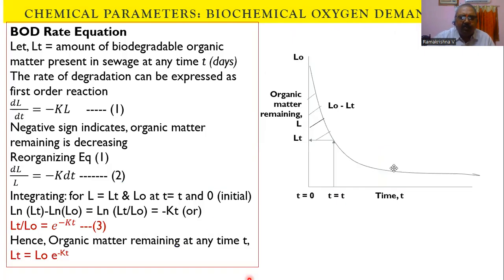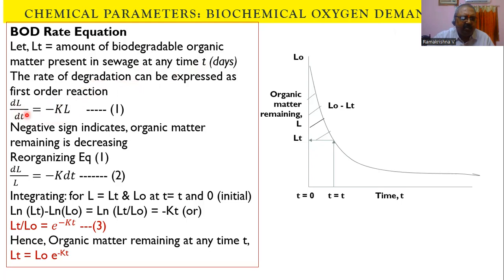So now we'll see how to calculate the BOD in mathematical form. This is called the BOD rate equation. Let Lt be the amount of biodegradable organic matter present in sewage at any time t days. The rate of degradation can be expressed as a first order reaction: dL by dt is equal to minus KL.